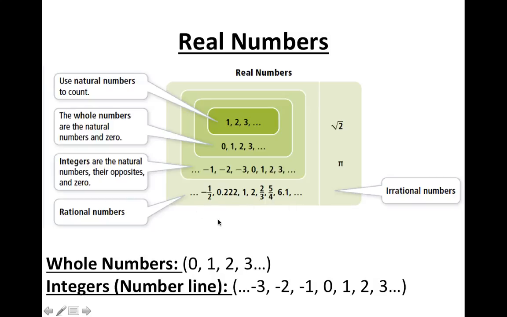Any number that can be written as a fraction is a rational number, or any number that has a decimal that repeats, like 0.22 or 0.3333. And on the right, the irrational numbers, like I said before, the most common ones are radical 2 and pi. Think to yourself, what are some other numbers that you could write as irrational numbers?